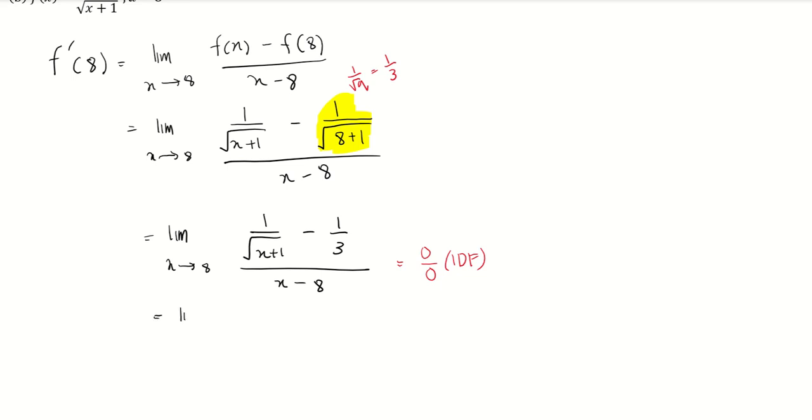So I'm going to combine the numerator. It will become 3 minus square root of x plus 1, over 3 times square root of x plus 1, over x minus 8.